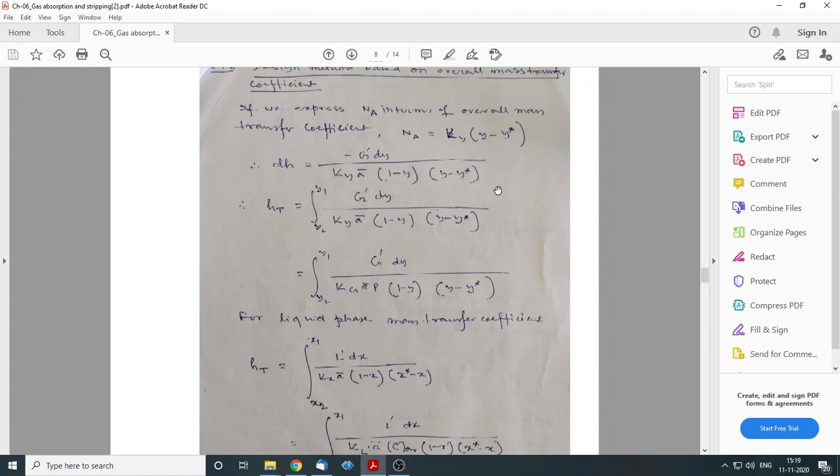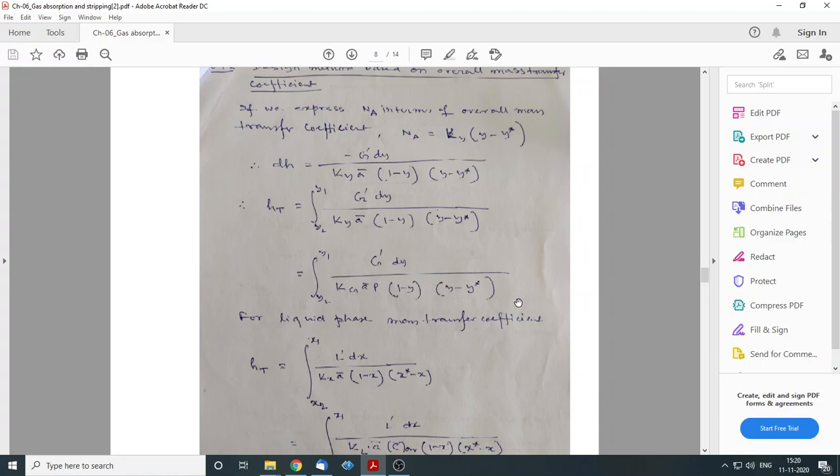So this one equation you can express in different ways according to the need of your problem, because there are two ways: either you convert your mass transfer coefficient according to what you want, or whatever mass transfer data you have, you use the corresponding equation, and only simple modifications are required.